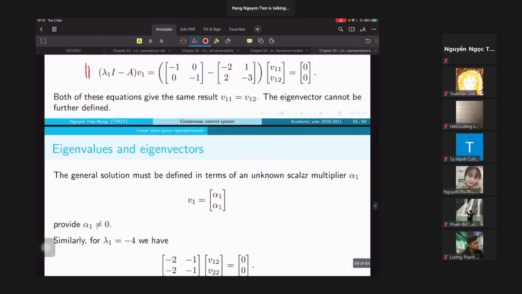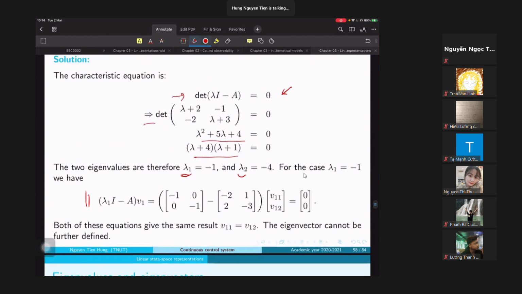Or we can move this into the right hand side, then we rewrite this as (lambda 1 I minus A) V1 equals 0, because we move this into the right hand side, and we have the same V1, put V1 outside, and then we got this.